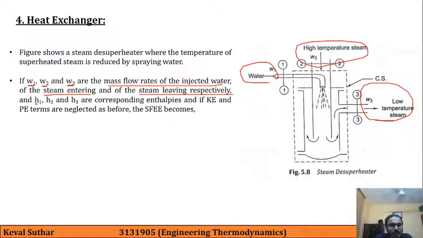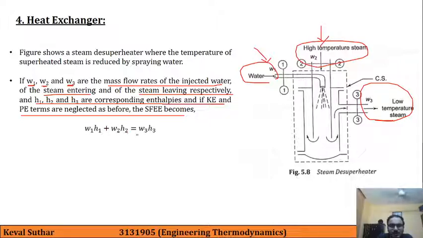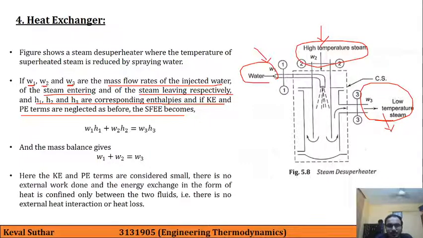And H1, H2 and H3 are corresponding enthalpies, and if kinetic and potential energy terms are neglected as before, the steady flow equation can be written in this way. As you can see, this is the entry, this is also entry. So W1 H1 plus W2 H2 is equal to W3 H3. And the mass balance is given by W1 plus W2 is equal to W3.